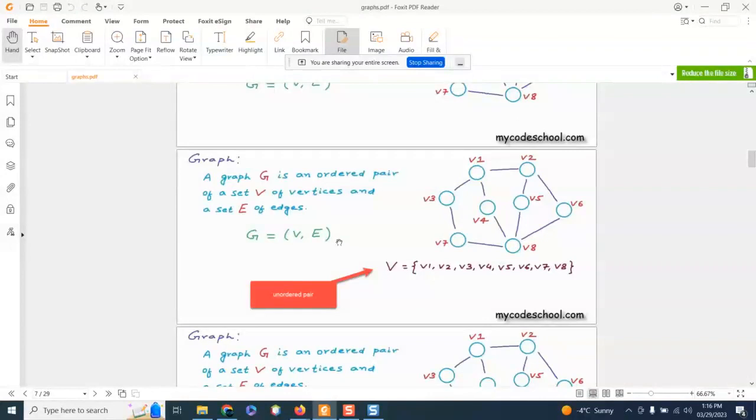But when we talk about V and E together, it means we cannot interchange V1 E1 with E1 V1. We cannot change that way.